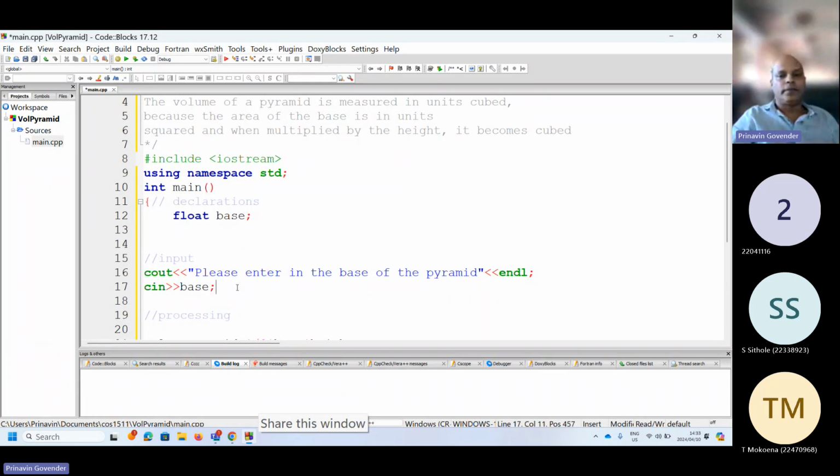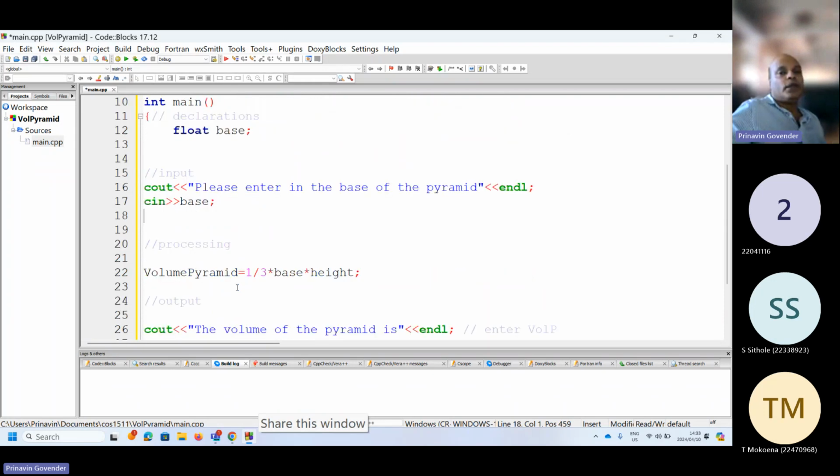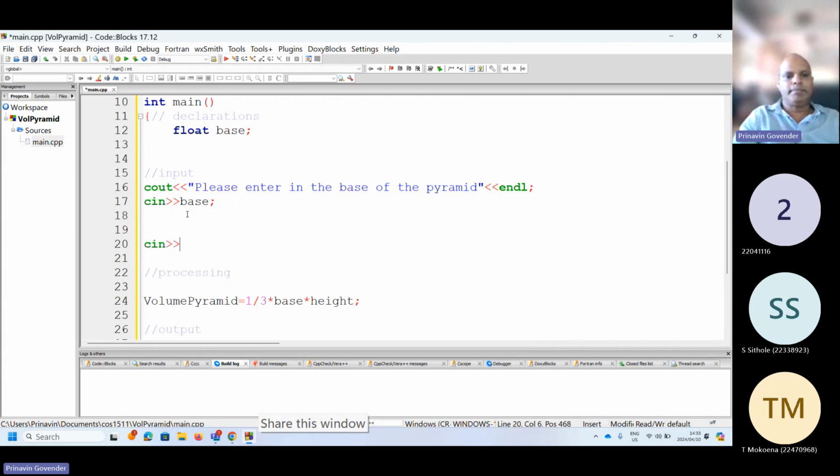But guess what? In the processing, we also have height. But do we have a value for height? No. So we got to ask the user for the height of the pyramid. So we have a cin.